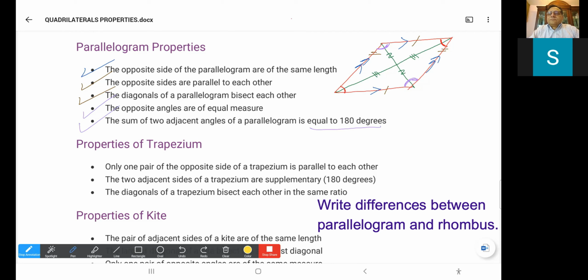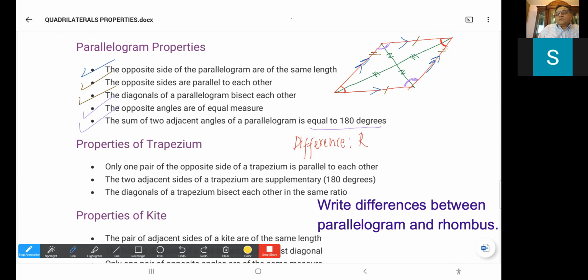Yeah, that's correct. And the opposite angles are of equal measure. That's also the same. I don't find many differences here. No difference between parallelogram and rhombus. Tell me. The opposite sides of a parallelogram are of the same length, and in a rhombus all sides are the same length.